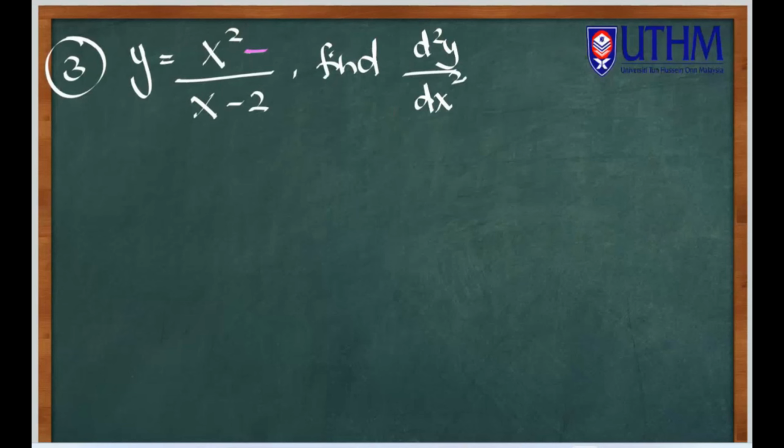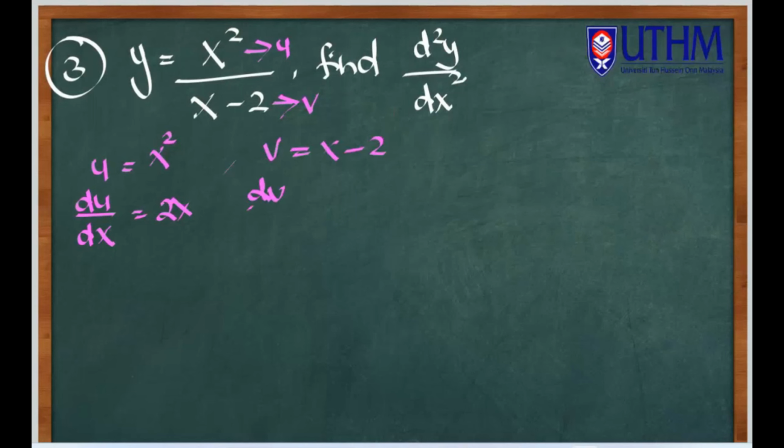So we have to assume the top as u and the bottom as v. We already have u equal to x squared, so du/dx is equal to 2x. Meanwhile v is equal to x minus 2, so dv/dx is equal to 1.